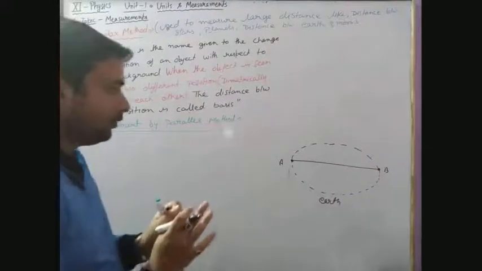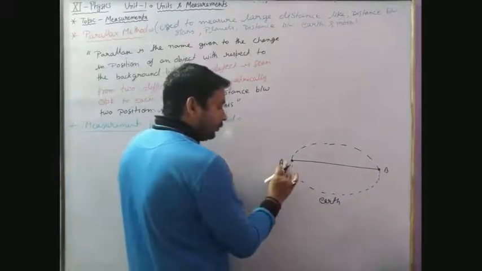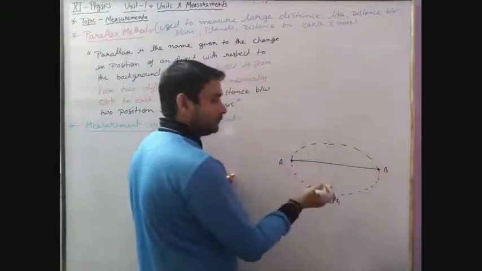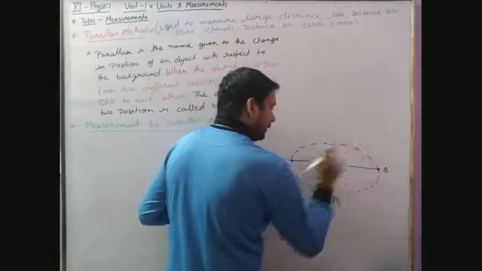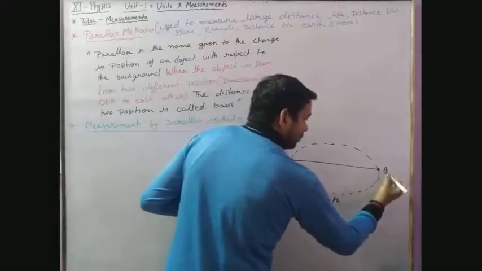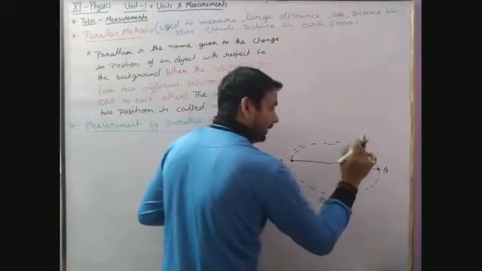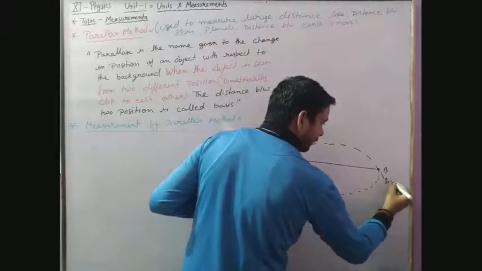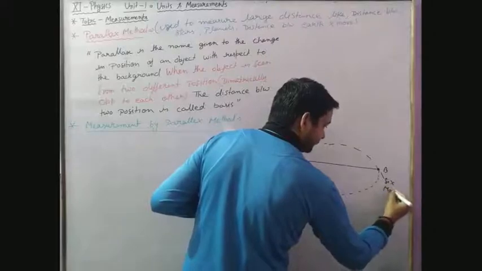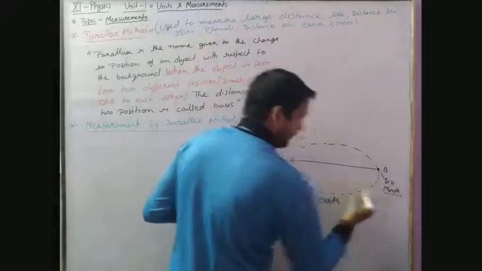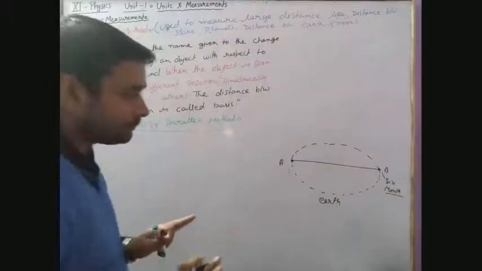As you know, if we move from A in the anti-clockwise direction and reach the periphery at point B, this half circle is completed in 6 months. It is very clear to all of you now.